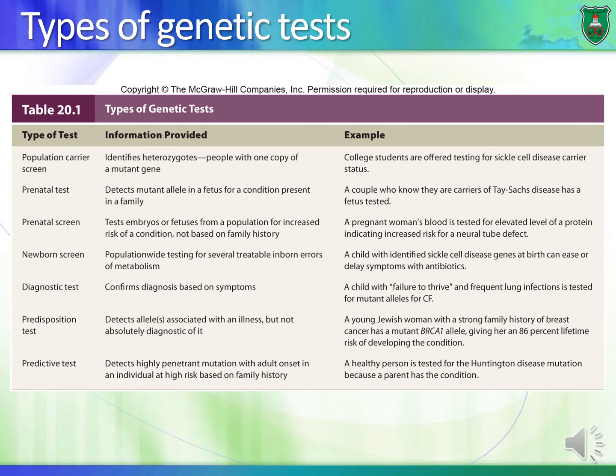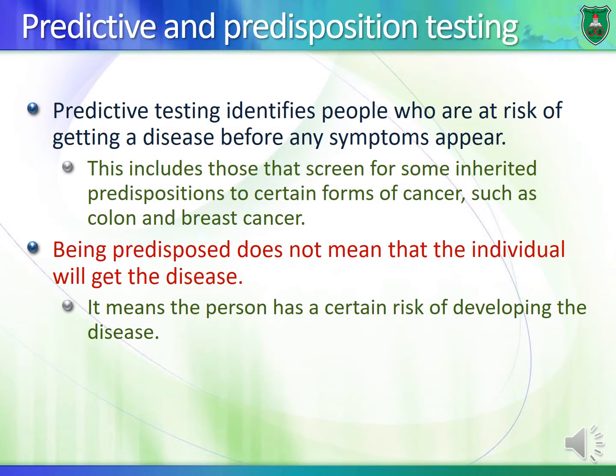So the thing is, with predictive testing, it's not that a number is given like with the predisposition test. Rather, it's telling the person that they have a chance of developing that condition. Predictive testing identifies people who are at risk of getting a genetic disease before any symptoms appear.